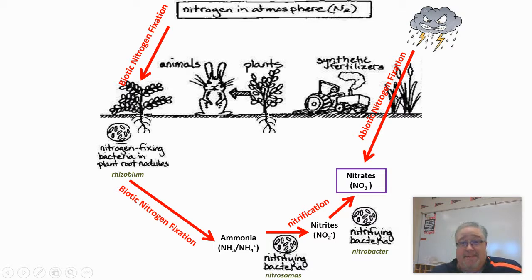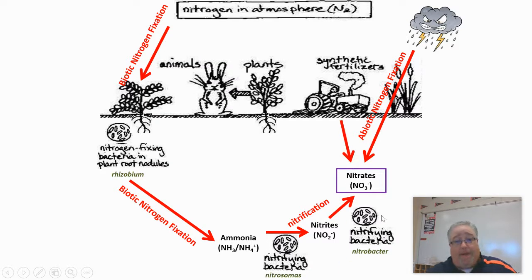The problem is there's a lot of nitrogen that's needed on this planet for all the living things, and this process here, this abiotic fixation, isn't nearly enough to provide enough nitrates for everything. So this biotic route is the big one. It's the one that produces the most amount of nitrates that can be used by living things.